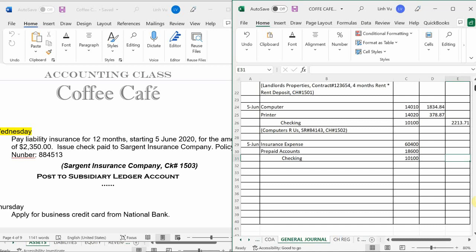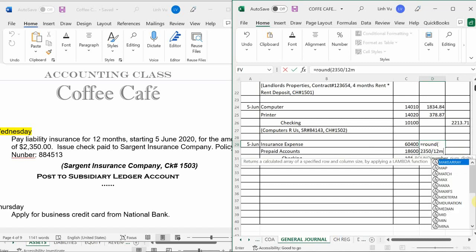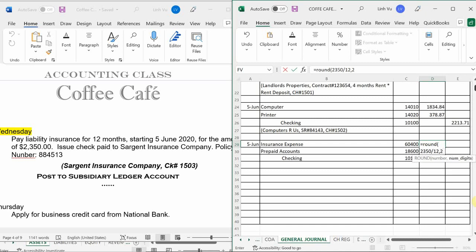How do I know how much that is per month? If I were to divide this by 12, how much insurance is it for a month? We divided by 12. Yes, how much is that? Okay, we divide 2,350 by 12.